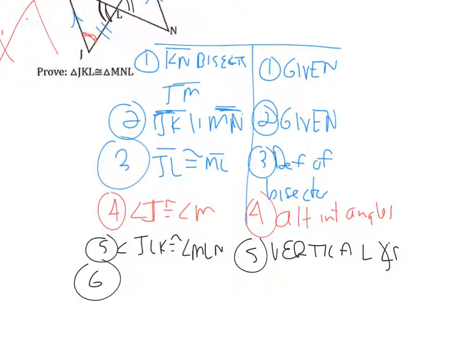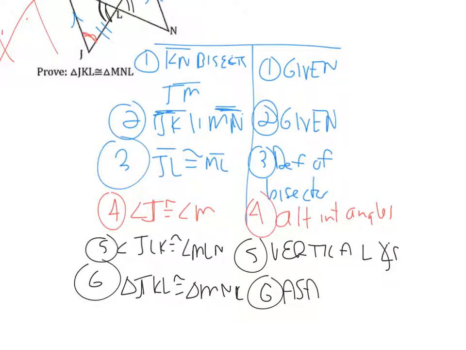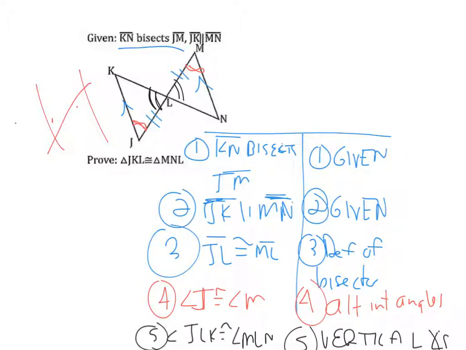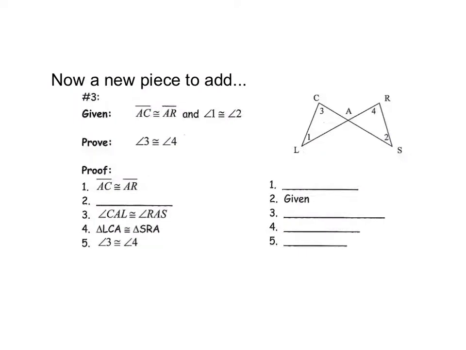My last statement: triangle JKL is congruent to triangle MNL by angle side angle. Looking back at the picture, I've got two angles and one side, the side's in between, boom, there it is.